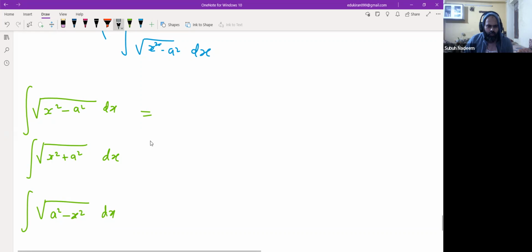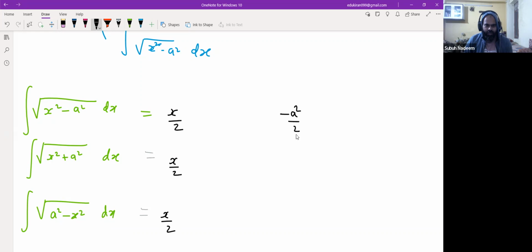So you have to take two terms. In those two terms, first is x by 2 here, x by 2 here, x by 2 here. The other term is starting with minus a square by 2. If it is minus a square, then minus a square by 2. If it is plus a square, then plus a square by 2. And here also plus a square, so plus a square by 2.